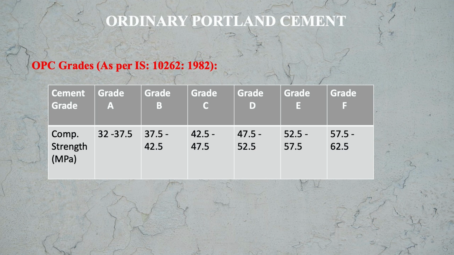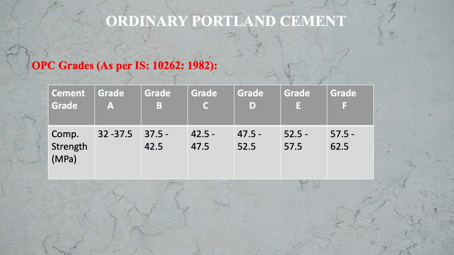Then grade D OPC, 47.5 MPa to 52.5 MPa. Grade E OPC has compressive strength range 52.5 MPa to 57.5 MPa. And grade F OPC, compressive strength range is 57.5 to 62.5 MPa.